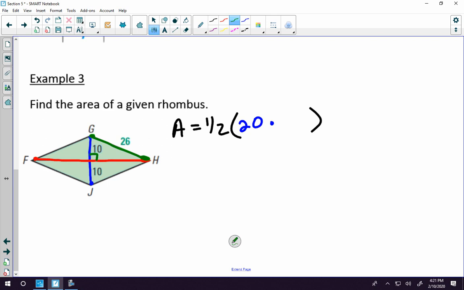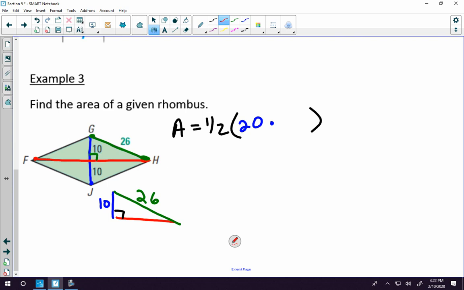So if we pull out this triangle, I'm going to try and keep the colors. We got our blue segment, we got red, and the hypotenuse to the right triangle is 26. Okay, and we know the blue segment, which is a leg in the right triangle, is 10. We need to find the length of the red segment. When we get that, we'll double that to get the length of the diagonal in the triangle there.